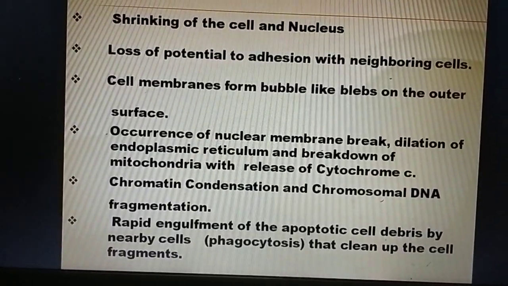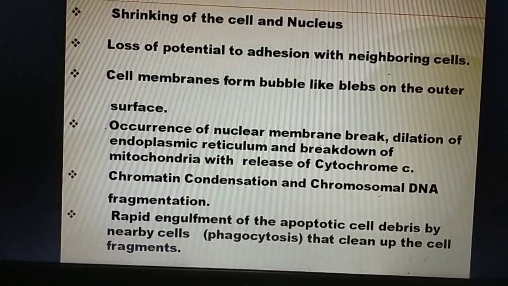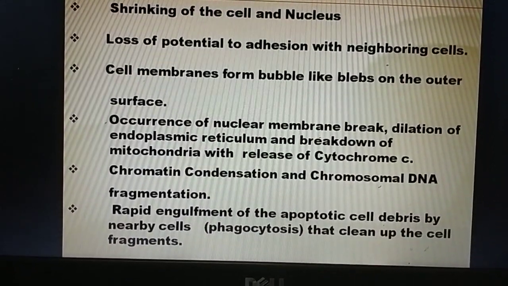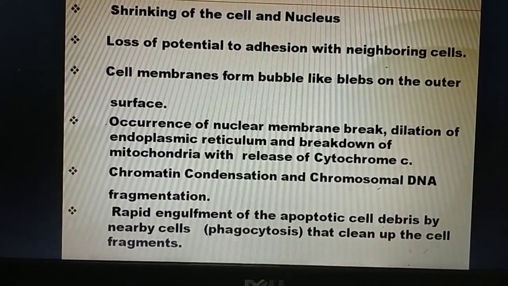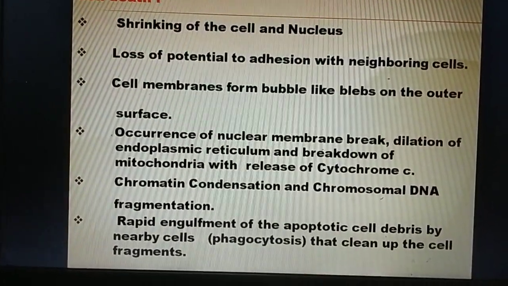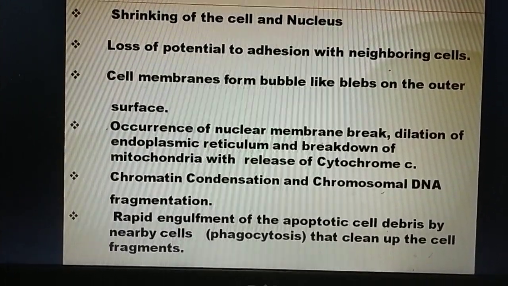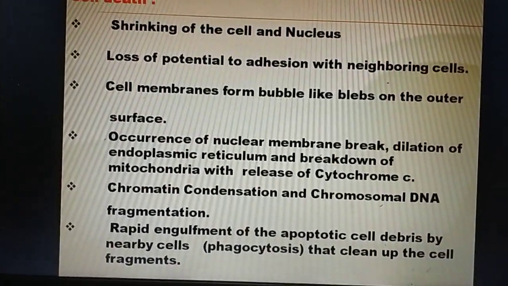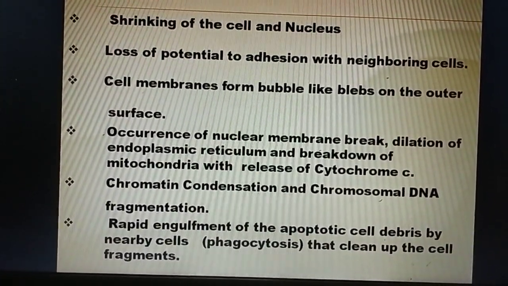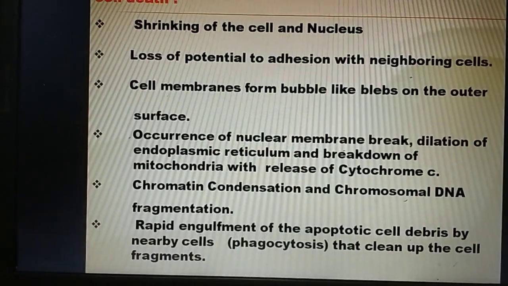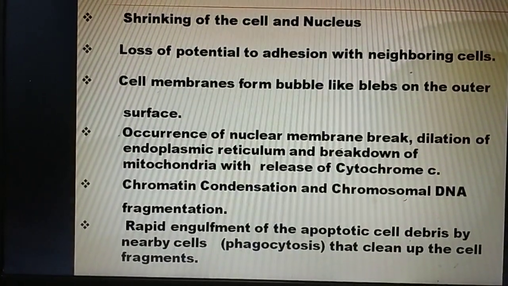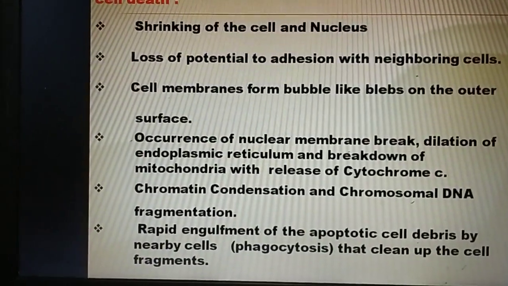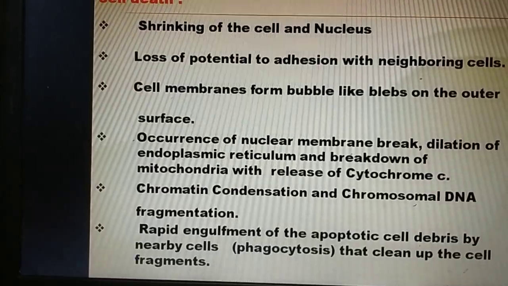The nuclear membrane breaks, the endoplasmic reticulum dilates, and the mitochondria break down with release of cytochrome C. There is chromatin condensation and chromosomal DNA fragmentation, and rapid engulfment of the apoptotic cell fragments by nearby cells through phagocytosis, which cleans up the cell fragments.